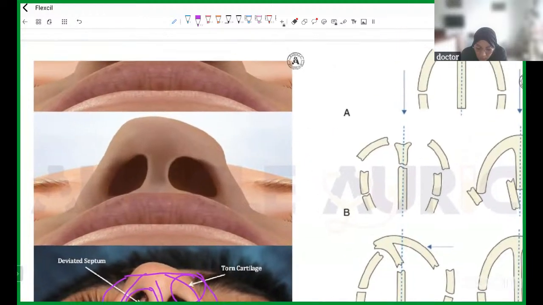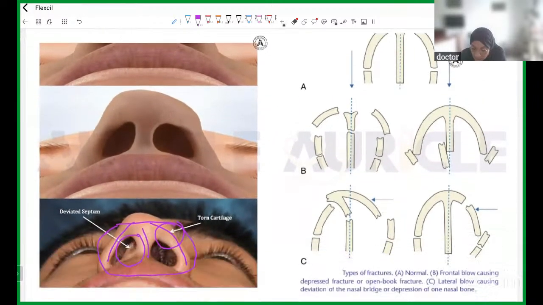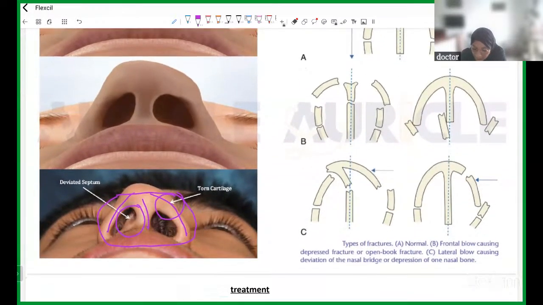All right. Now moving to this diagram, which is in your respective books, which shows that there is nasal septum deviation. There are fractures in different ways. If you see, the nasal septum is fractured from here or from here, and then the lateral bones from here, right?